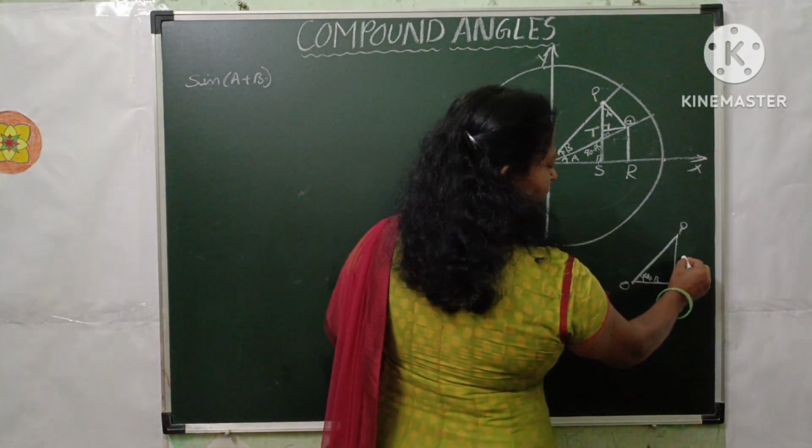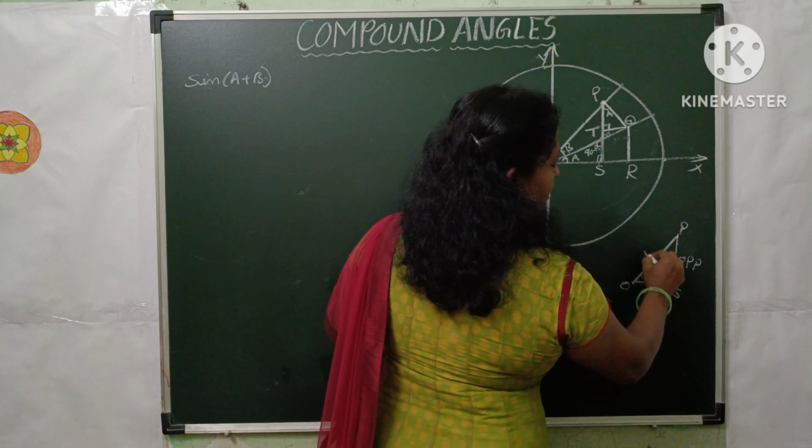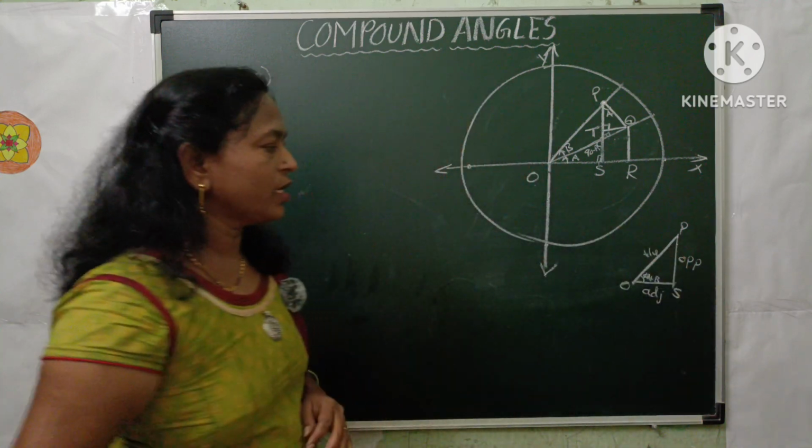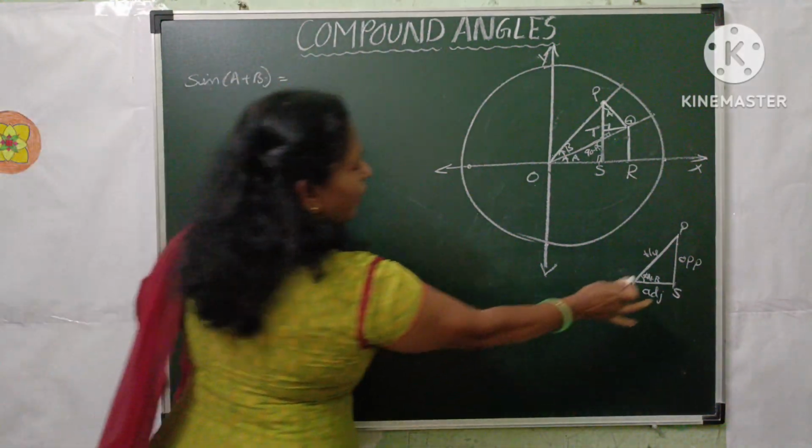This is the opposite side, this is the adjacent side, and this is the hypotenuse. The ratio of sin is opposite by hypotenuse, so that is equal to PS.